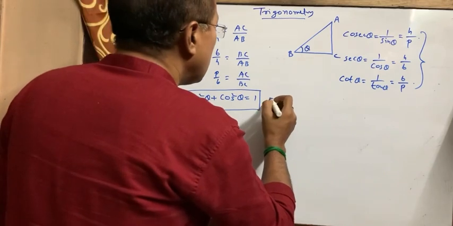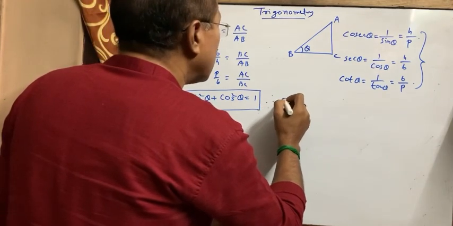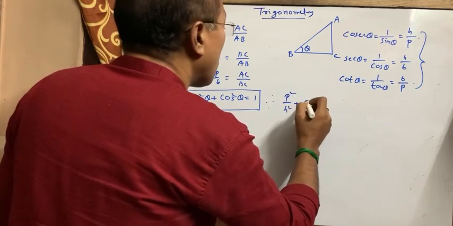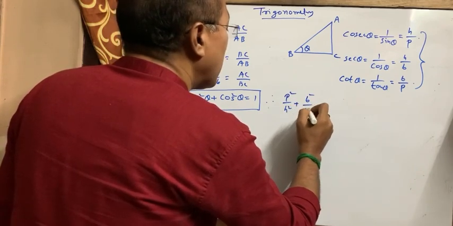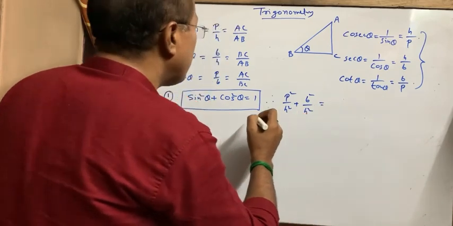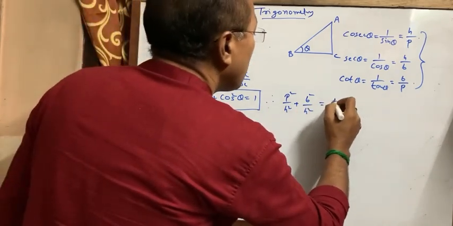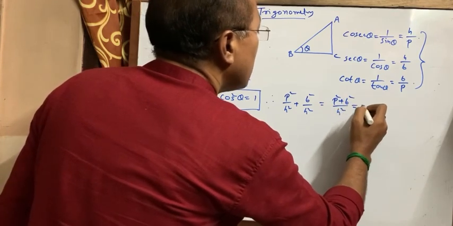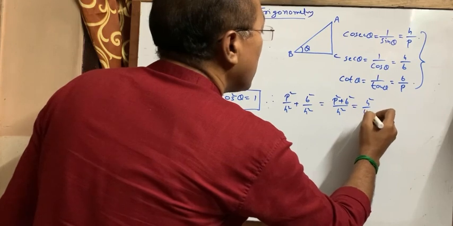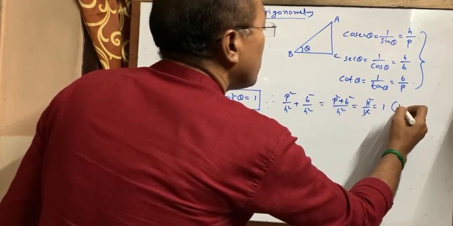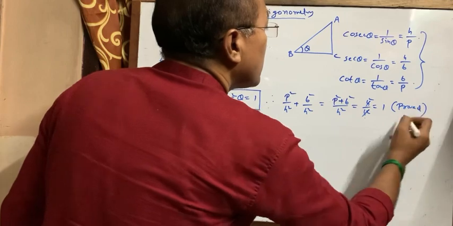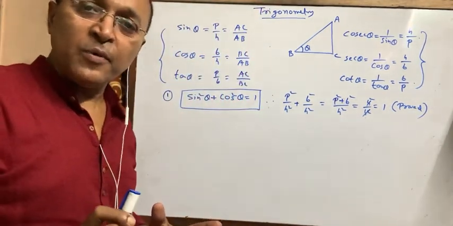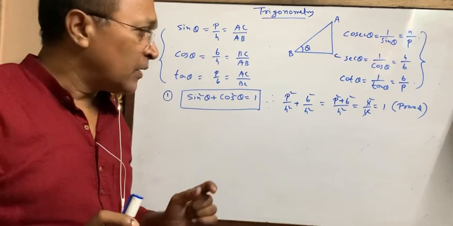In this way we can write like this: sine means perpendicular by hypotenuse and cos means base by hypotenuse, that is equal to p square plus b square by h square, that is hypotenuse by hypotenuse, ultimately 1. In this way, other relations also can be proved.